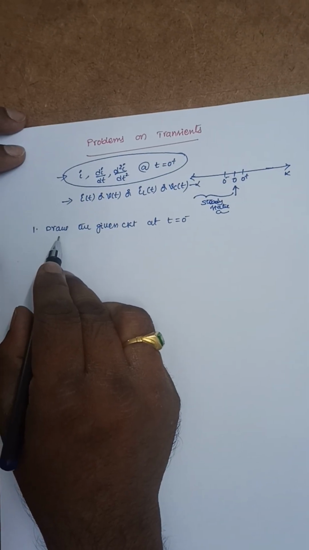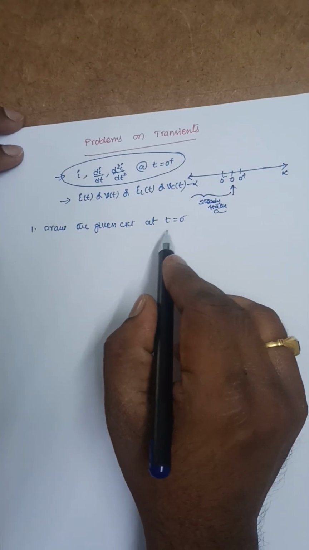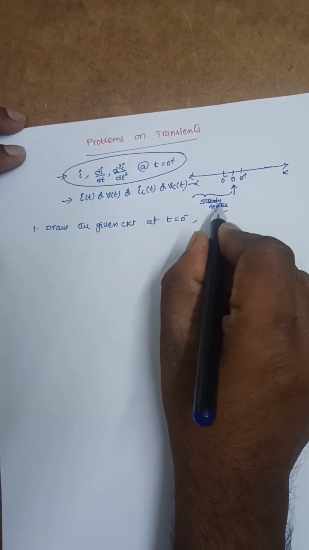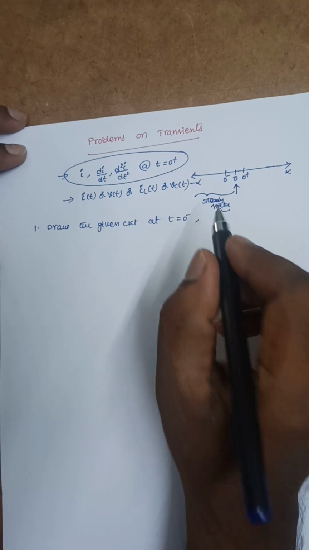While we are drawing the given circuit at t is equal to 0 minus, we need to assume that it is under steady state condition.